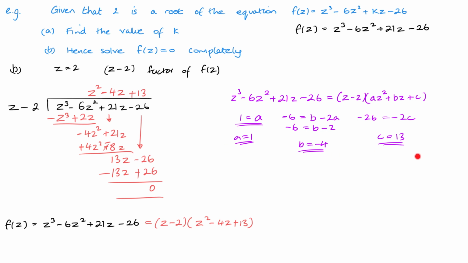You'll be able to get these values really quickly, and obviously then it means you get down to the same point. So that should be z minus 2, and obviously a is 1, b was minus 4, and c was 13.